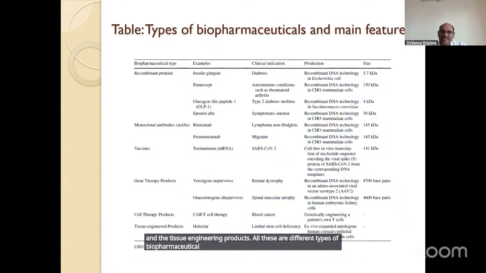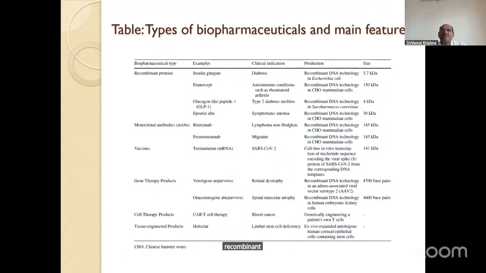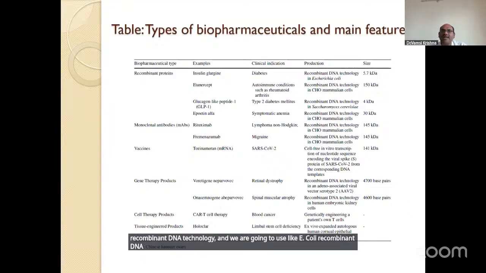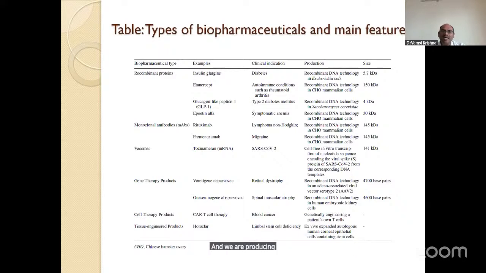Generally, we produce recombinant proteins, monoclonal antibodies, and vaccines by means of recombinant DNA technology. We use E. coli recombinant DNA technology, and also recombinant DNA technology in Chinese hamster ovary cell lines. We use different microorganisms to produce these biopharmaceuticals.